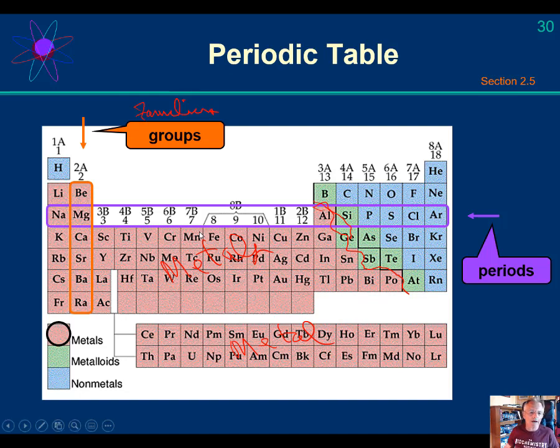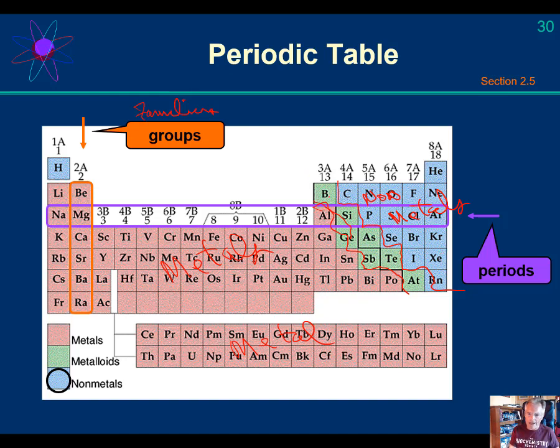And then we have the non-metals, and on this particular periodic table, you'll need to reference this without noting color, because the periodic tables you'll normally use will not have colored designations. But all these blue guys over here, these are what we call non-metals. So these are non-metals. On this periodic table, if it's blue, it's a non-metal.